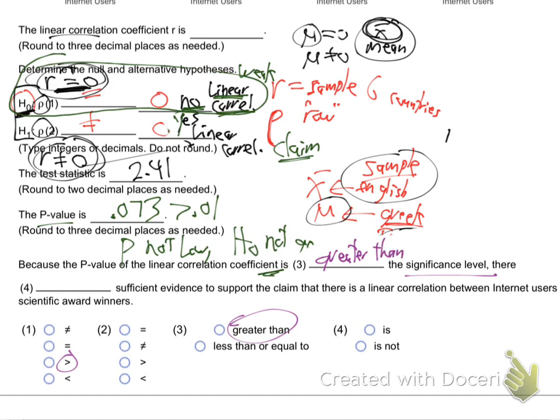There is not sufficient evidence to support the claim that there's really a linear relationship between internet users and science awards. There's some evidence, but not strong evidence. There's too much of a chance of luck getting in there. So we don't really believe there's a principle involved. We good? All right, I'll move on.